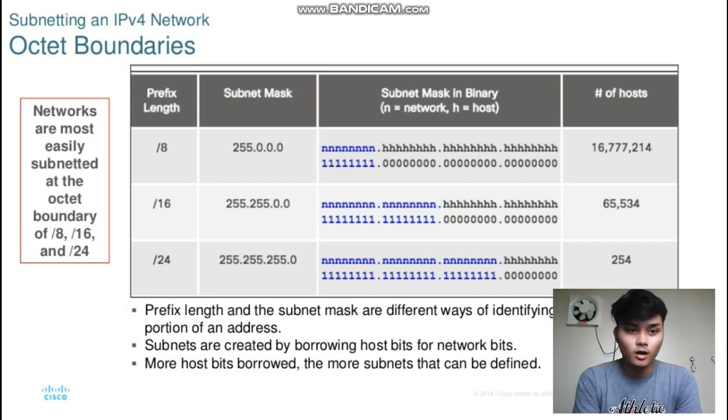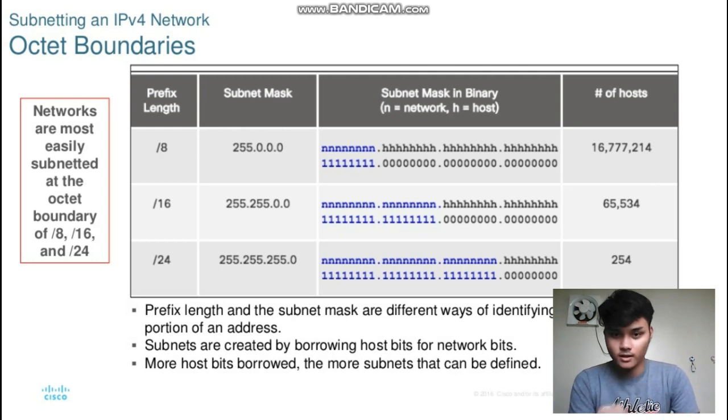So, octet boundaries. Networks are most easily subnetted at the octet boundary: /8, /16 and /24. The prefix length is /8, and the subnet mask is 255.0.0.0. In the binary subnet mask, n equals network and h equals host.